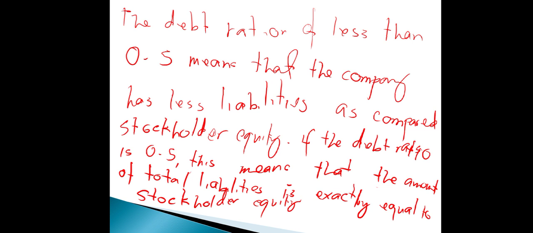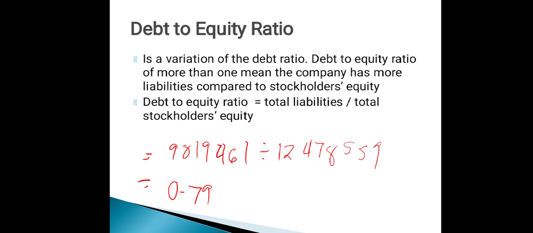If the debt ratio is exactly 0.5, the amount of total liabilities is equivalent to stockholder equity.